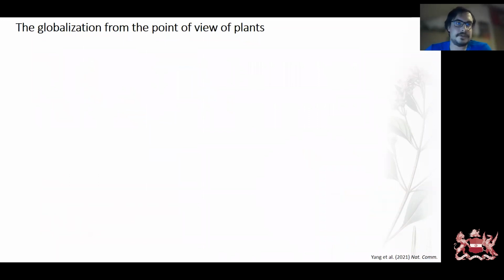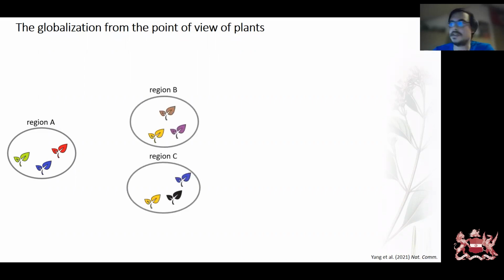So if we keep on with the globalization from the point of view of plants, we can also look at patterns of taxonomic homogenization. Here's a little cartoon to illustrate this, which shows a flora of a region A and the flora of region B and C, so two different countries, for example, and the colored species represent individual plant species in these regions.